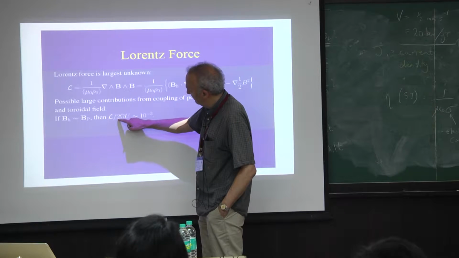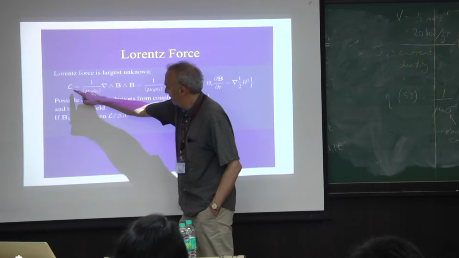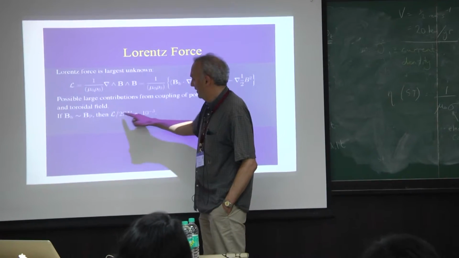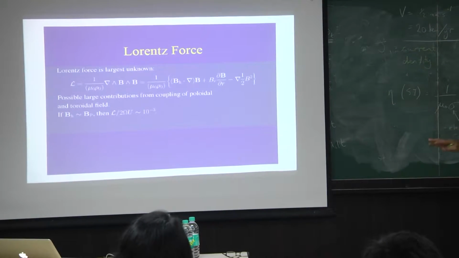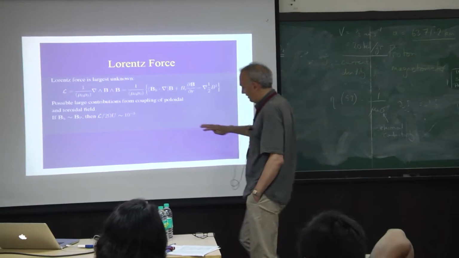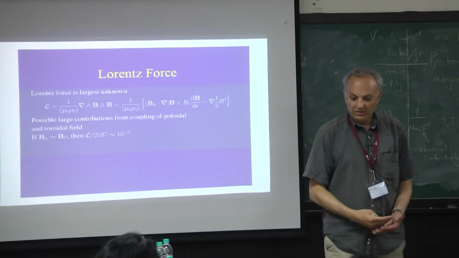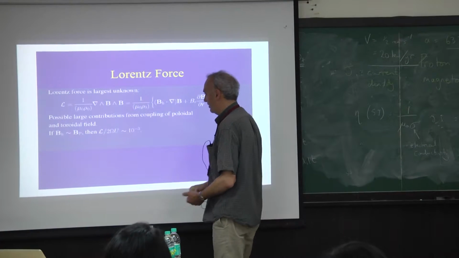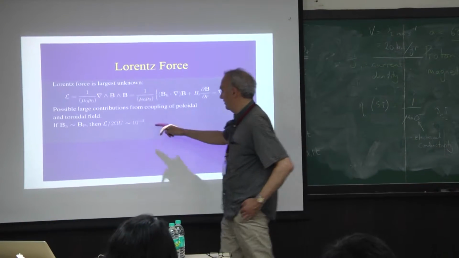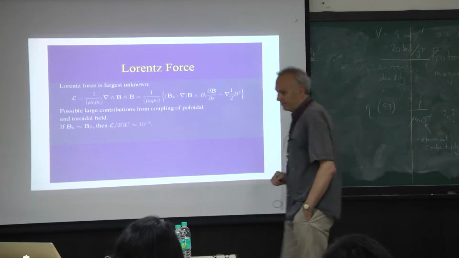So the size of the Coriolis force is 2 omega u, and this is the Lorentz force L. Then the Lorentz force at the core surface is about 10 to minus 3 compared to the Coriolis force. If you go deeper into the core, the Lorentz force almost certainly becomes stronger, the magnetic field becomes stronger, and that ratio will become bigger. But at the core surface, it's small.